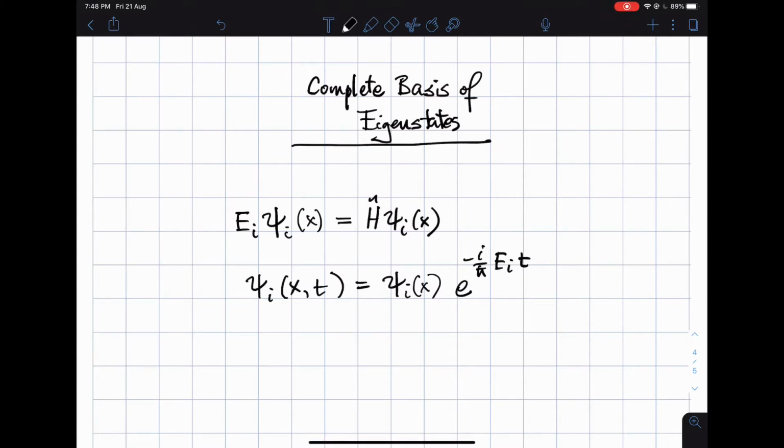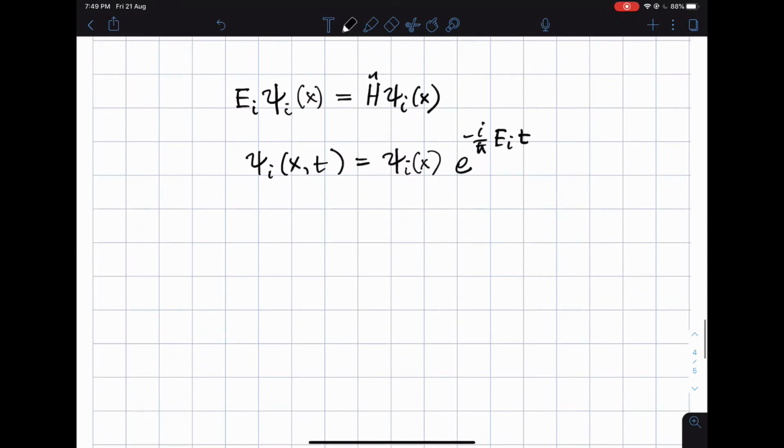So this is actually a very, very useful result. It allows us, in conjunction with the idea of a complete basis of eigenstates, to find out the time evolution of any arbitrary state.